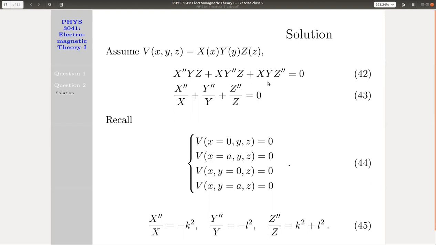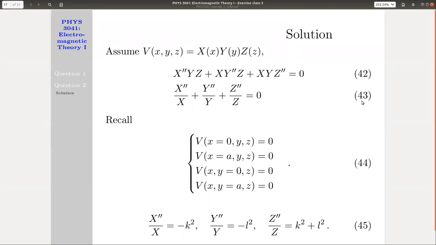And then we substitute this trial solution into the Laplace equation. Then we would get equation 42. And then we divide each side by X Y Z. Then we will get equation 43.